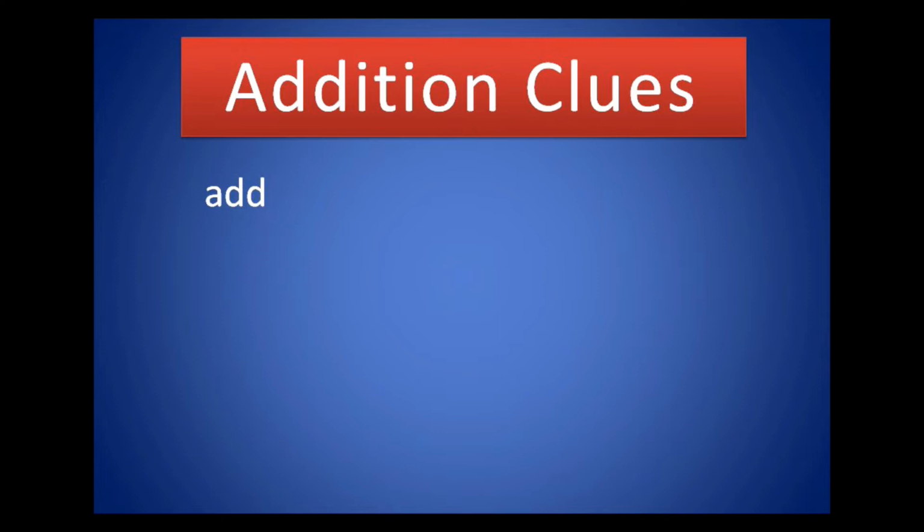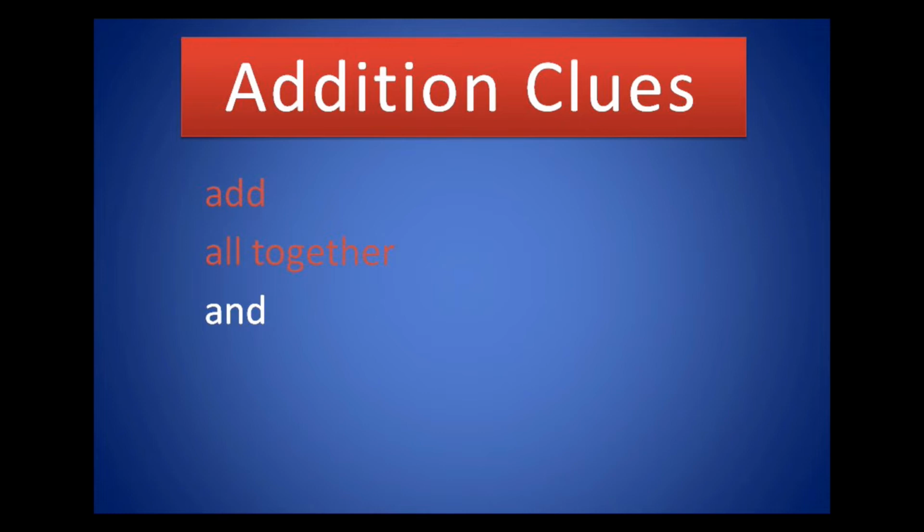Let's take a look at another one. All together. If you see all together in a word problem, it should be telling you that you're going to be combining, putting something together, and that's adding. Let's take a look at the next one. We've got and. If you add something, you're going to have this and that.